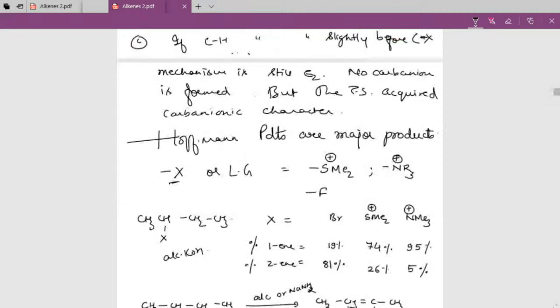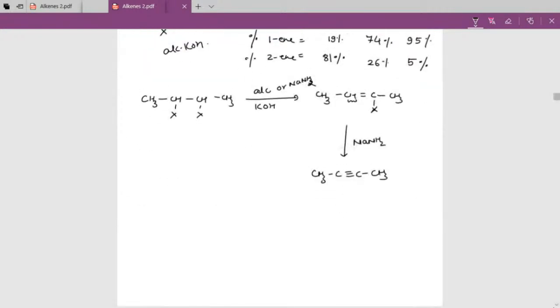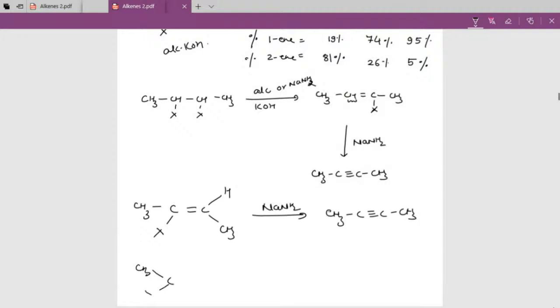And yes, from alkenes to alkynes also, the reaction shows very specific behavior towards its anti-stereoselectivity. For example, I have C, X double bond C, H, CH3, and now I put it to NaNH2. So my answer will be this. But just imagine, if it is this isomer, then it forms an allene first.